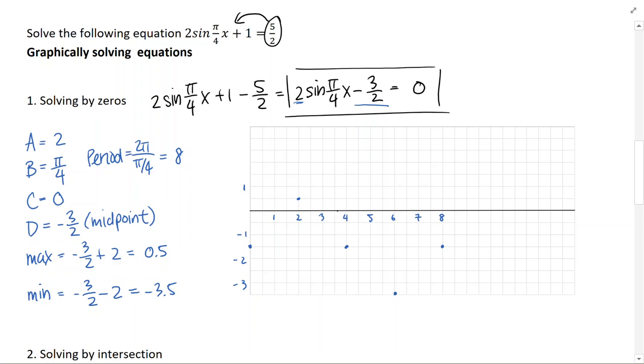So at this point, I can just connect my points together. So I'm going to just try to draw my best curved line here. It's going to look something like that.